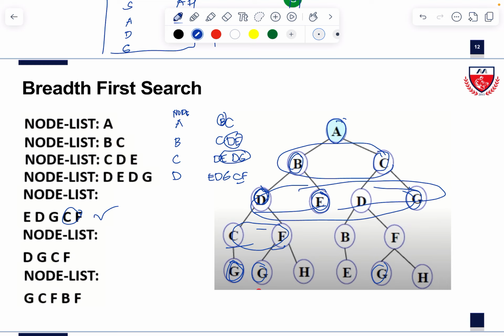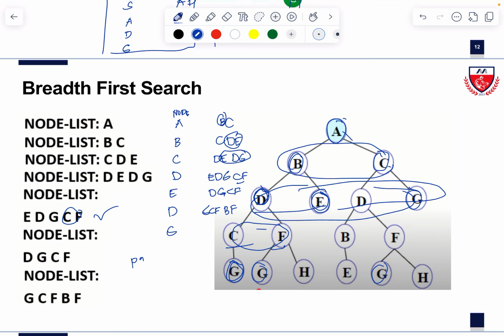So pag-visit natin sa E, wala siyang children, but we have not visited D, G, C, F. So we are going to visit D, and then after visiting D, we have found out na meron siyang children na B, F, but we have not visited yet G, C, F, B, F. So, lastly, we can now visit node G. So, therefore, our path would become A, C, G, right?